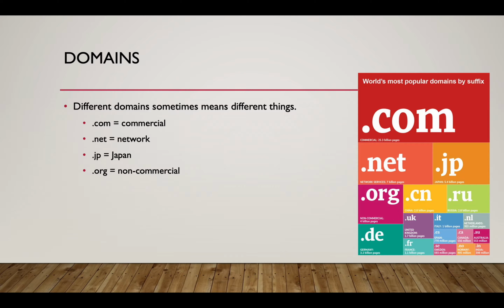So you can be sure that if you're looking at a website with .edu, it's a university, it's a college, it's a technical school. It has some fair, reasoned rationale for being a post-secondary educational institution.